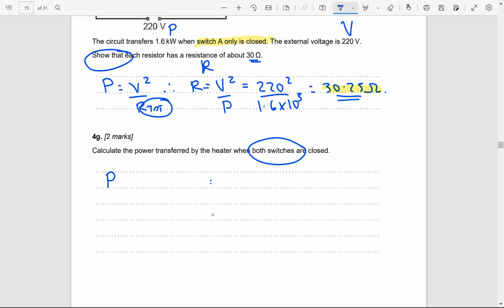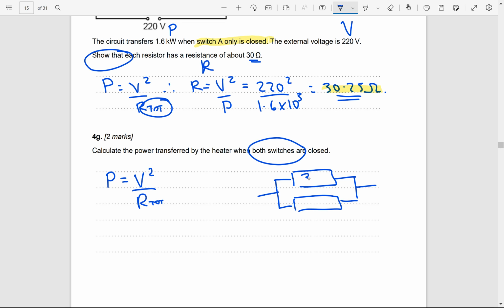So if I'm trying to work out the new power transferred, I've still got the same voltage because that's the voltage that is being supplied externally. But this time, because I've got two 30 ohm resistors in parallel, they're actually going to be working together to get a different total resistance, like this.